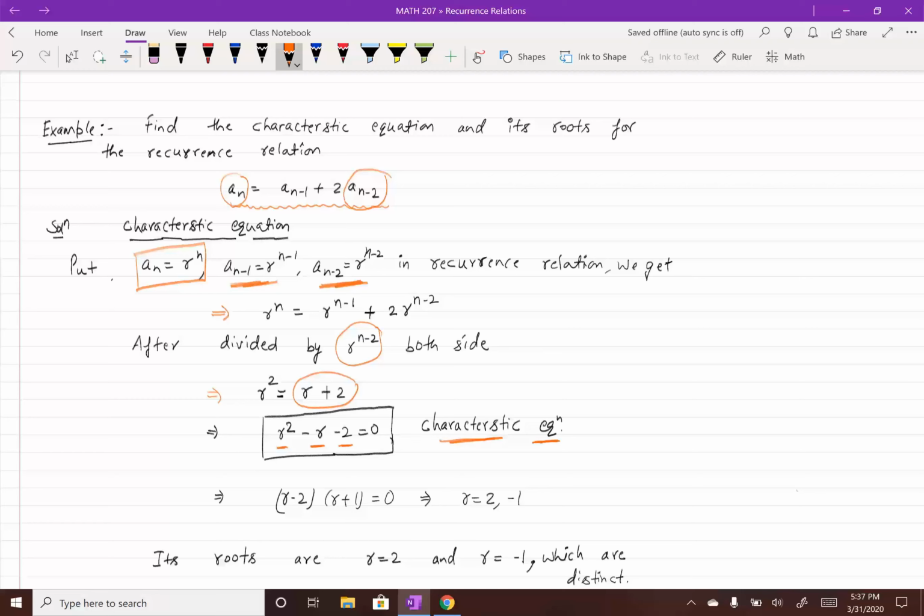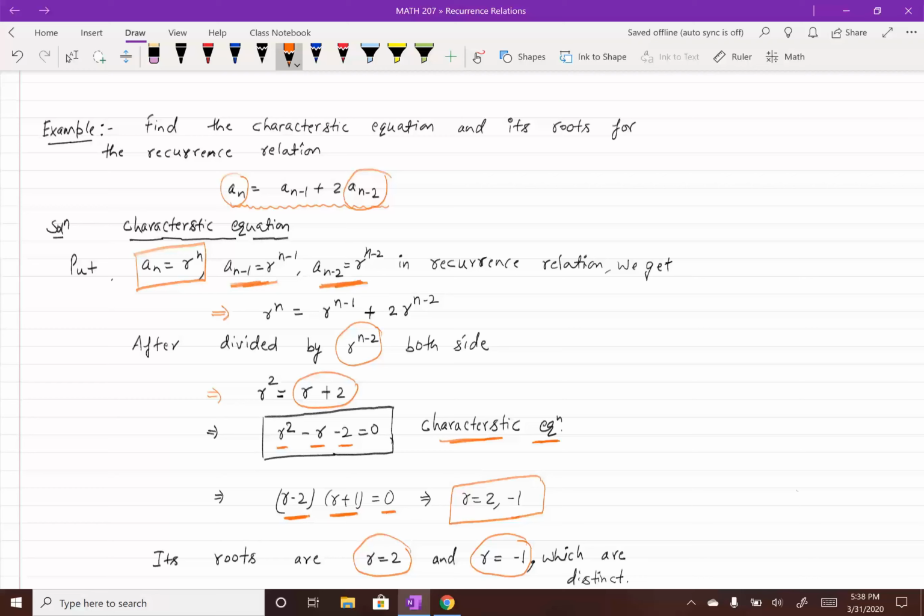If you simplify this, you can write it as the factors (r minus 2) times (r plus 1) equals 0, and that means the roots of this characteristic equation are 2 and minus 1, so 2 and minus 1 become the characteristic roots. Okay, so that's the way you build the characteristic equation for any given recurrence relation, and once you simplify that characteristic equation, you can find the factors, and those become your characteristic roots.